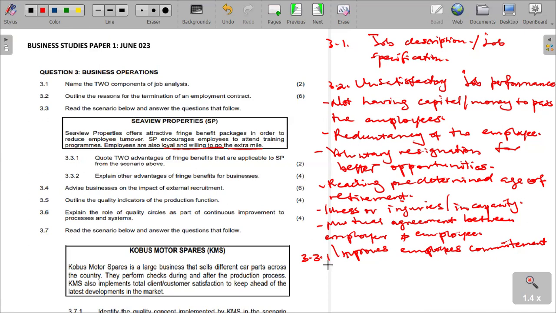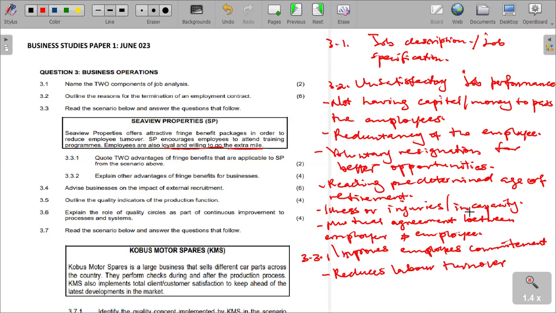Improves employees' commitment. And then we can also talk about it reduces labor turnover.